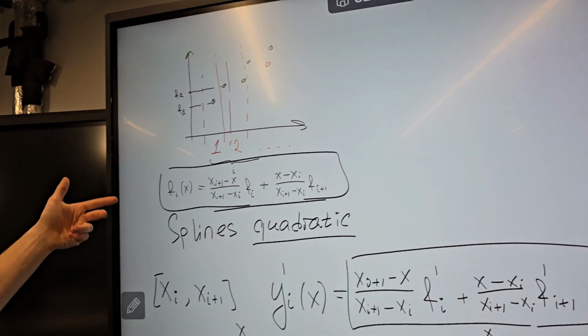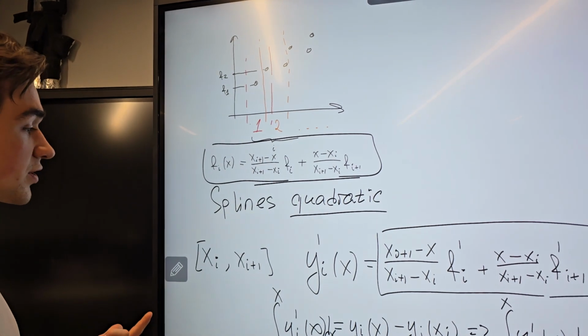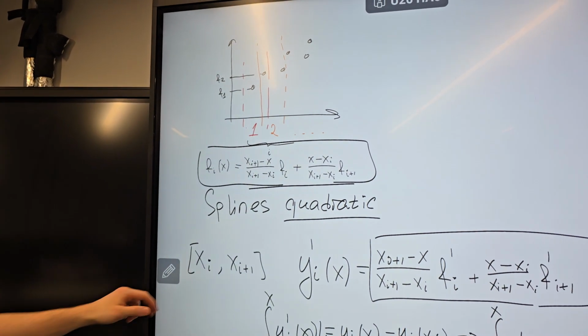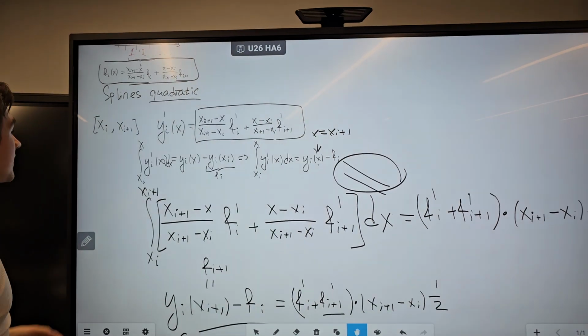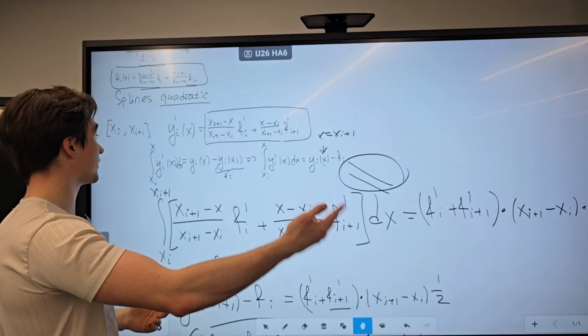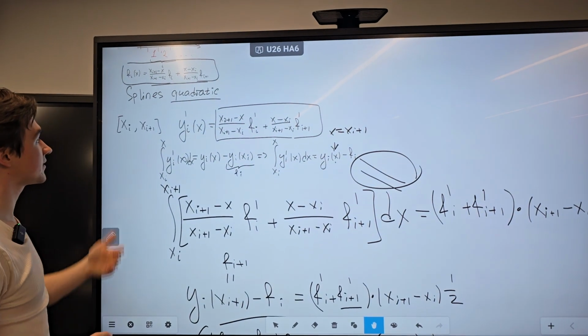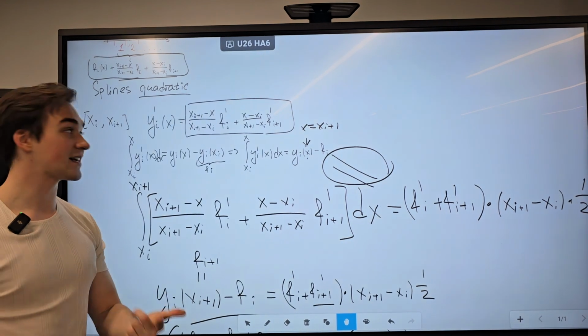And we are not satisfied by this solution because it's not continuous in derivative. And what we suggest is to use splines. And the idea of splines is that we want to have continuous derivatives or high order derivative. And in quadratic, as the name suggests, we use that our first derivative is continuous.